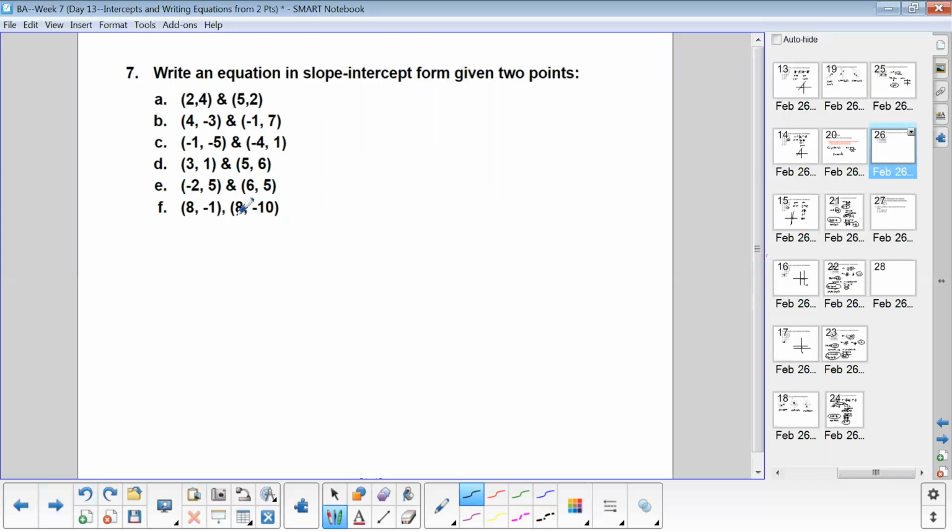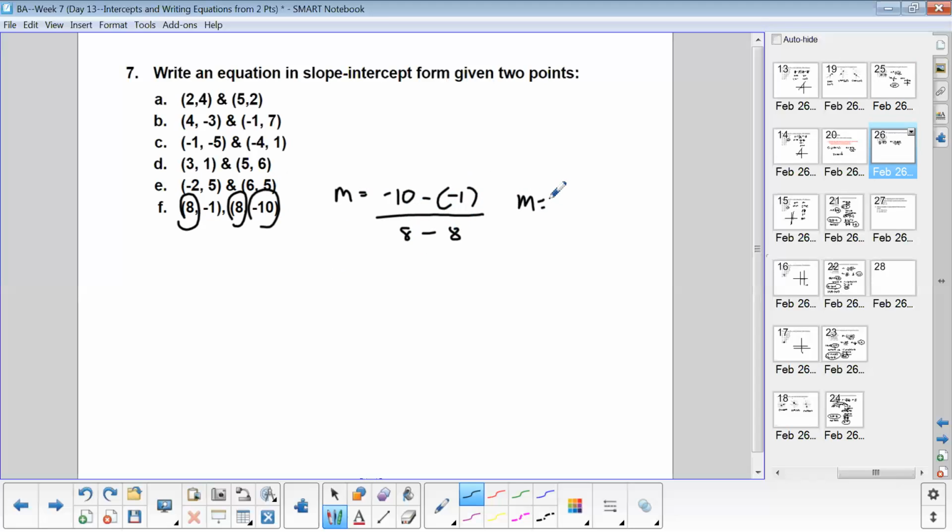And then part F, we noticed that the x values repeat. So if we were finding our slope and we said, well, what's negative 10 subtract negative 1, and x, or 8, subtract 8. And you start to see what would happen here.